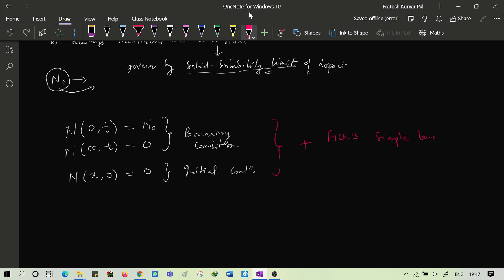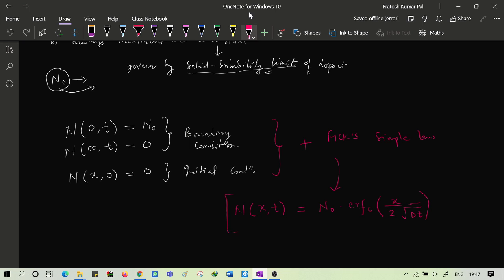After finding it, the concentration of dopants with respect to the variables x and t is given as N0 times the complementary error function, erfc, of x divided by 2 under root Dt.